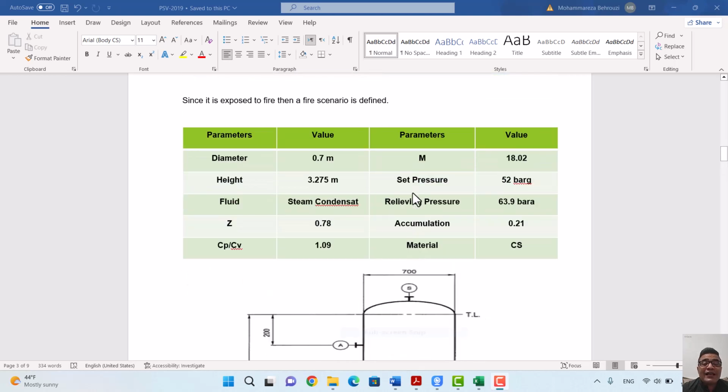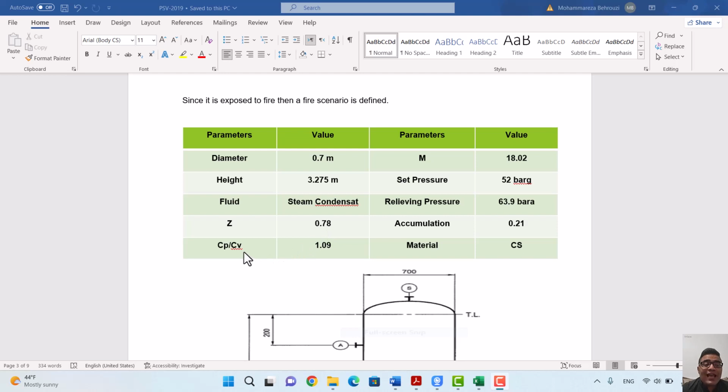Now let's have a look at the mechanical and process properties of these vessels. The diameter of the vessel is 0.7 meters. The height is approximately 3.2 meters. The fluid is steam condensate. The Z factor, the compressibility factor, is 0.78.